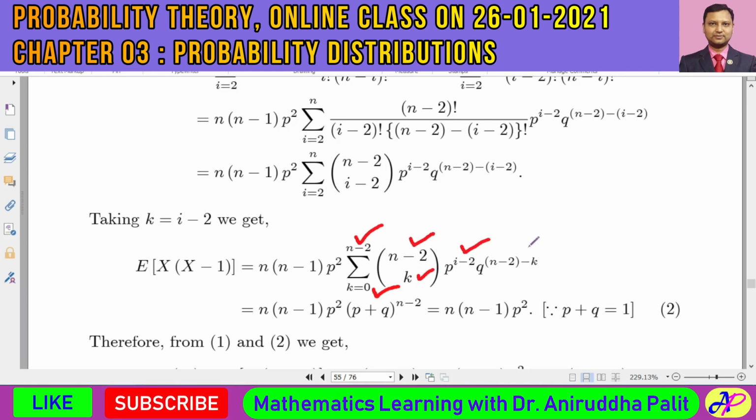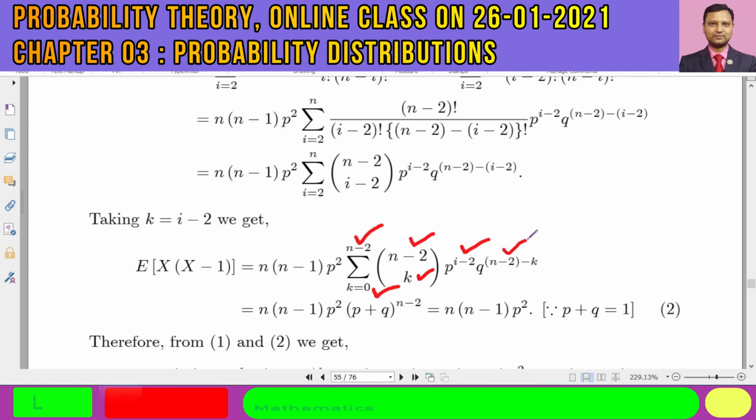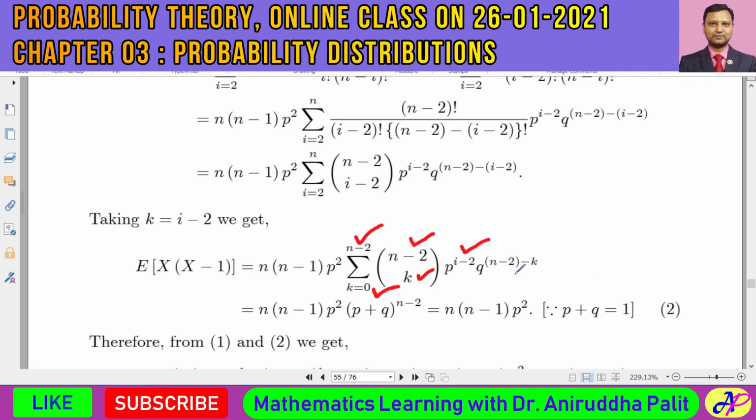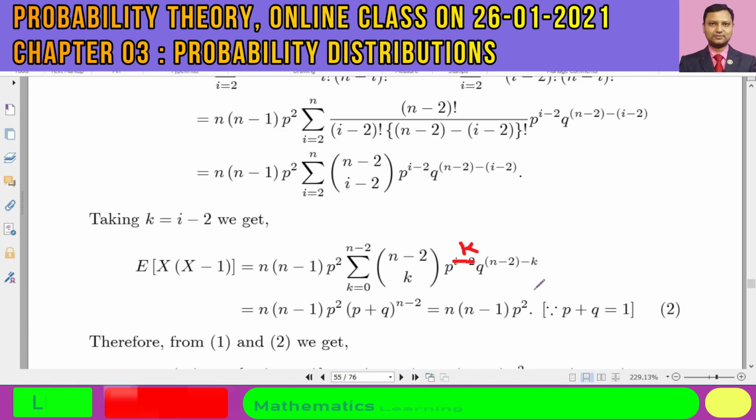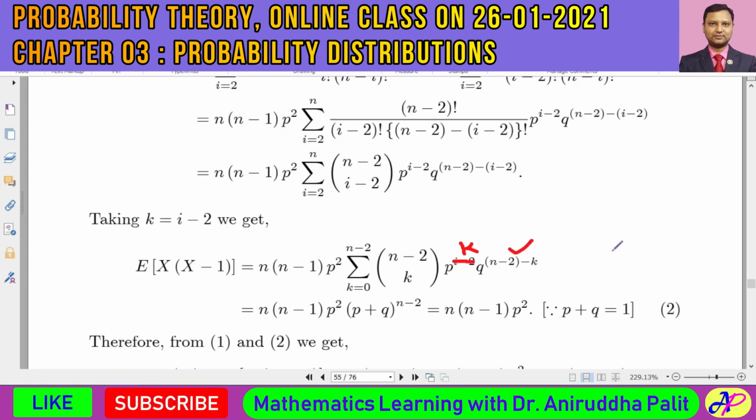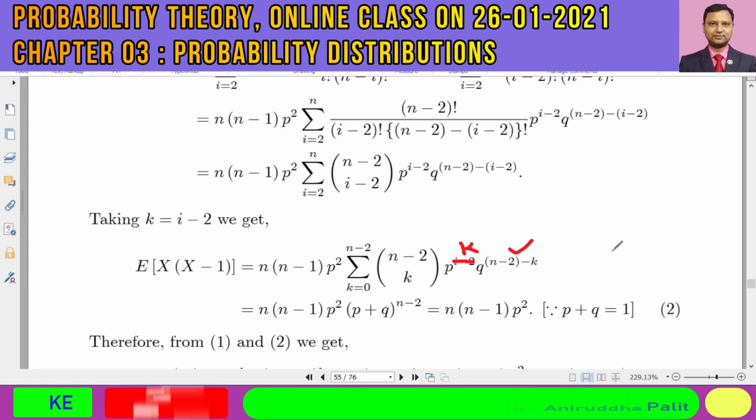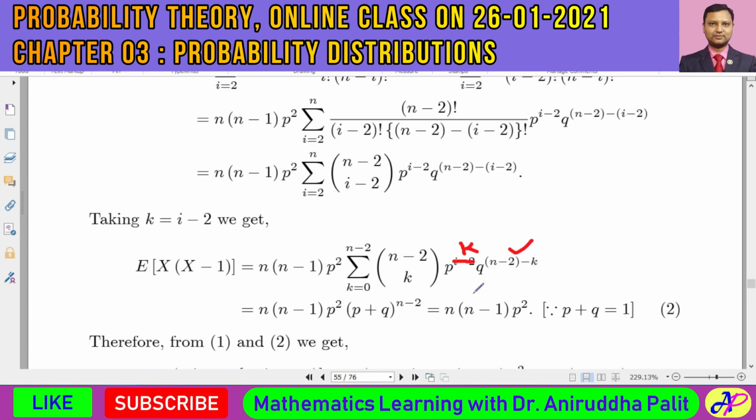p to the power of i minus 2 into q to the power of n minus, sorry, over here this p to the power of i minus 2 will be replaced by p to the power of k, into q to the power of n minus 2 minus k. And that is actually the binomial expansion of (p plus q) to the power of n minus 2.